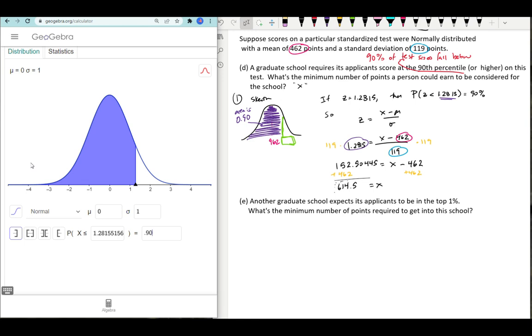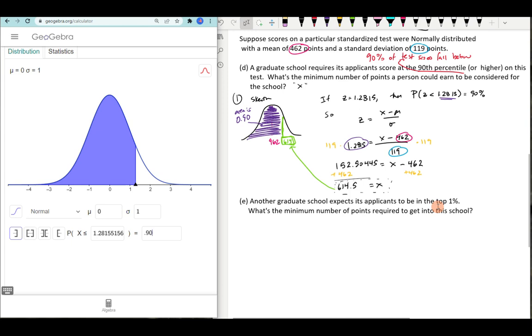This is telling me, all right, if I had 614 as my score, the area underneath that score is going to be 0.90. It's going to be 90%. The value that I needed to find to make the z-score be 1.28 is 614.